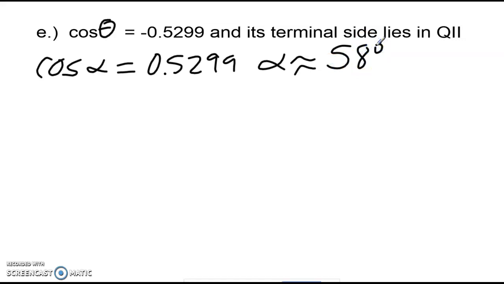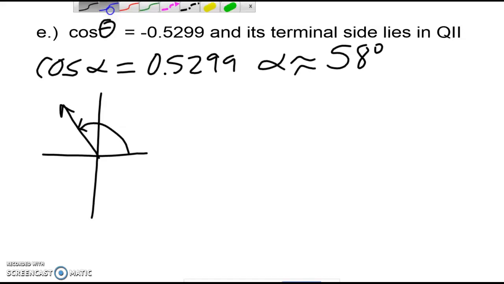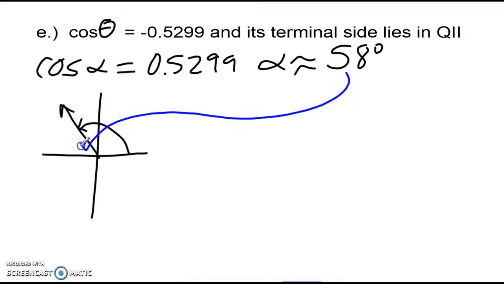Now we want to use that to find theta. So we use the information that the terminal side for theta is in quadrant 2. And we know we want from 0 to 360, so we're going to want this positive angle measure right there. Alpha is this angle right here. That would be 58 degrees.